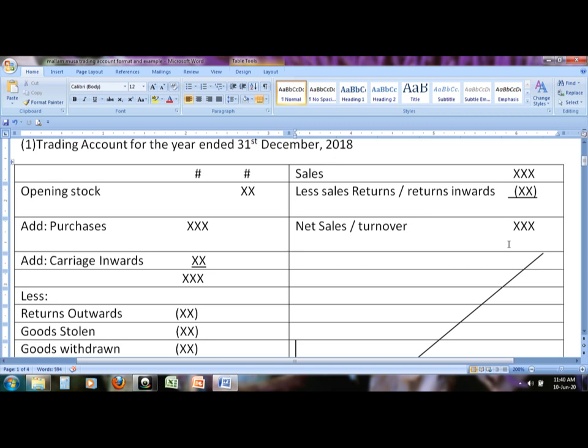But before you add purchases to the opening stock, go through the question given and check very well.